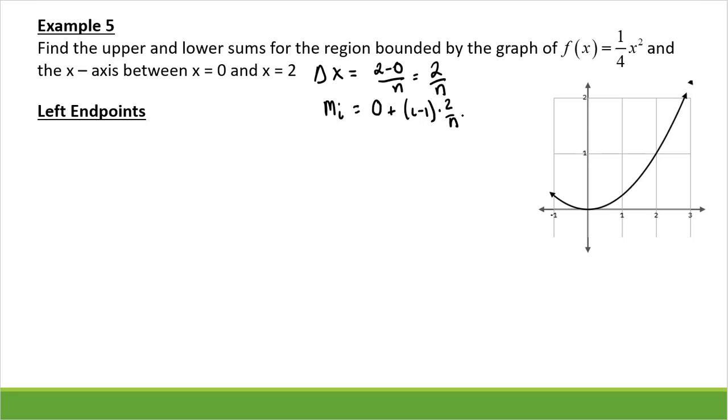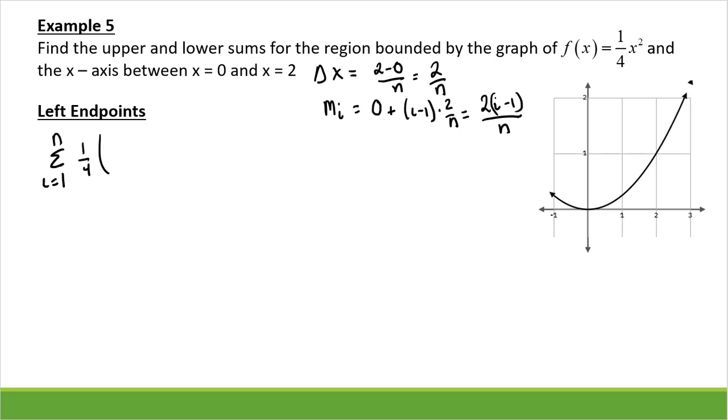So for my left endpoint, we are doing the summation from i = 1 to n of my function, f of m sub i, times delta x.